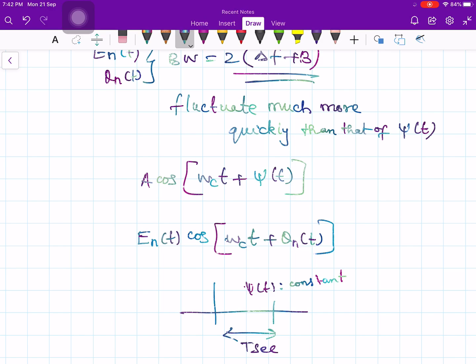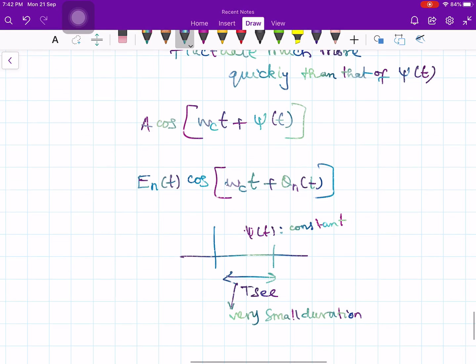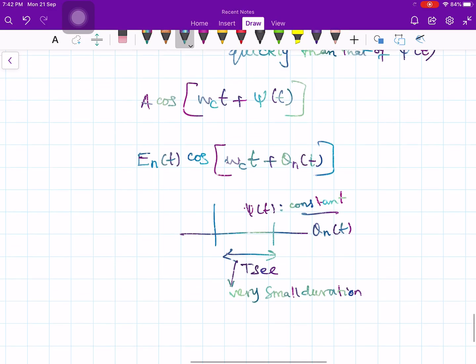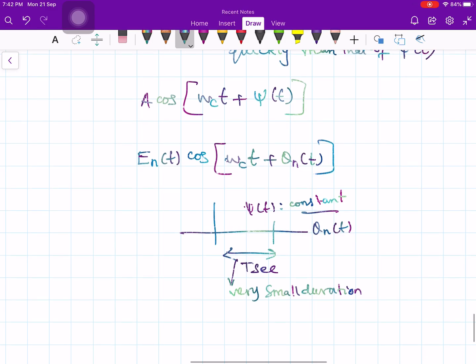But if you take a very small duration, in that duration psi of t is nearly constant, but your theta n of t would have undergone many more cycles. Very wide fluctuations, that's what we are trying to say. So this one fluctuates slowly and this one fluctuates at a very fast pace.